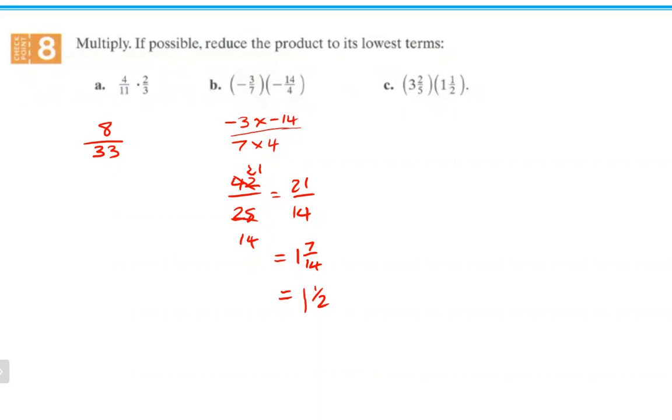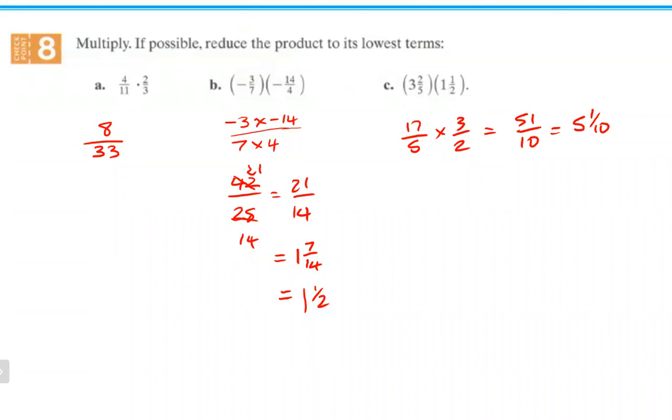Okay, for C, I got 17 over 5 times 3 over 2, and then I got 51 over 10. And then I made it a mixed number. It's 5 and 1/10. Okay, thank you very much. Okay. All right. Thank you.